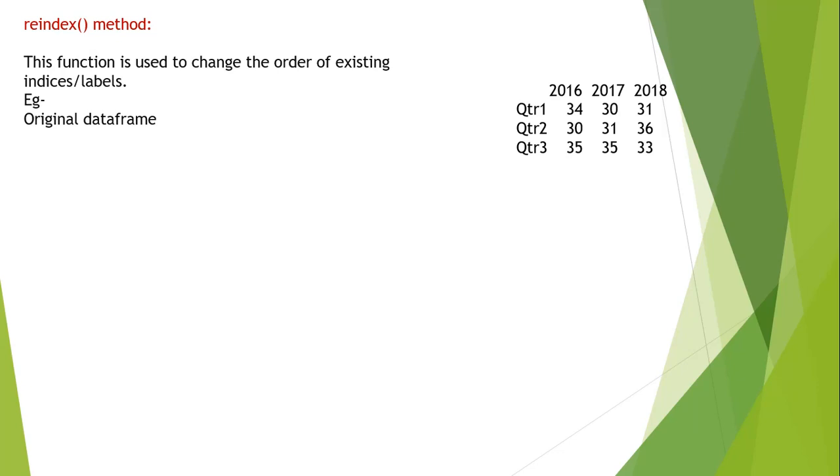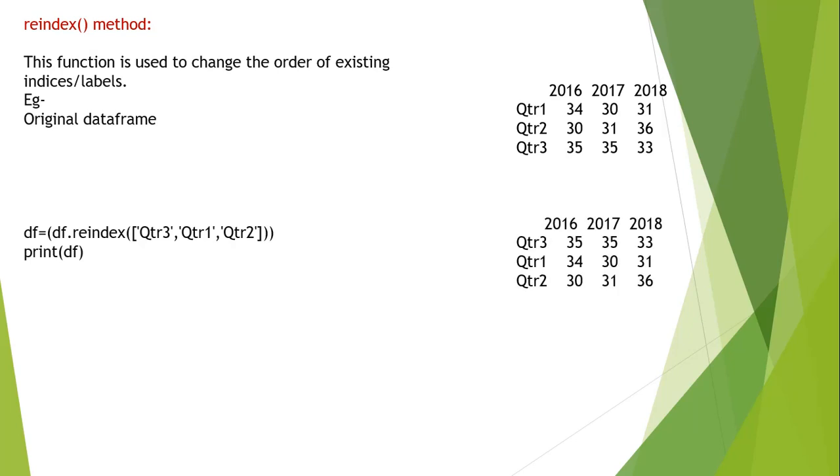For example, here we have this original data frame with the index names qtr1, qtr2 and qtr3, and the columns are 2016, 2017 and 2018. Now see, if we write this line, df is equals to df dot reindex qtr3, qtr1, qtr2, and print df, let's see the output.